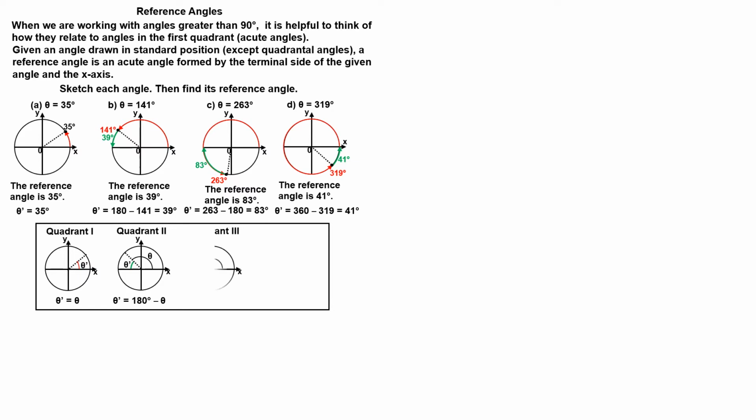If the angle is in quadrant 3, the reference angle is the angle minus 180 degrees. If the angle is in quadrant 4, the reference angle is 360 degrees minus the angle.